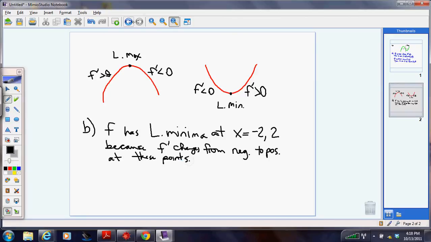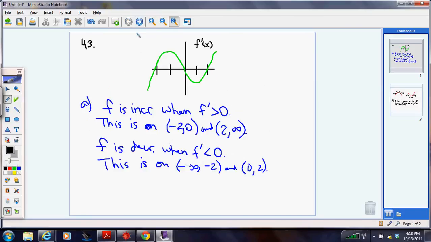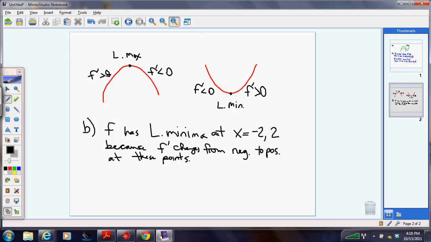Okay, so we know where the local minima occur. We only have one other point at which f prime changes sign, and that's at the origin. To the left of the origin, f prime is positive. To the right of the origin, f prime is negative. So f is increasing, then decreasing around 0, and therefore we're going to have a local maximum at that point.